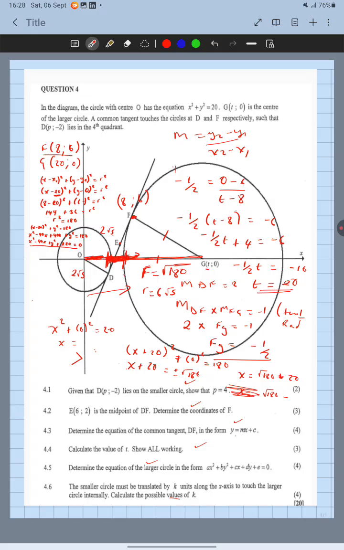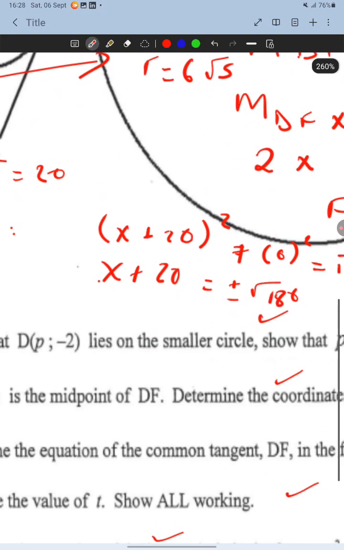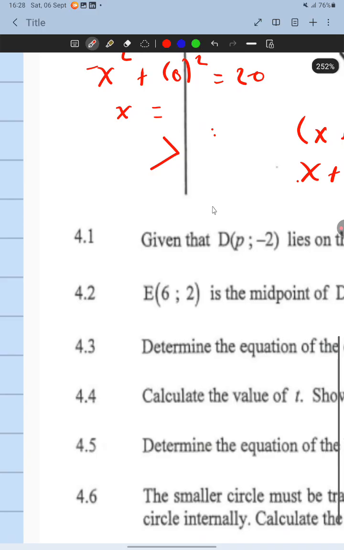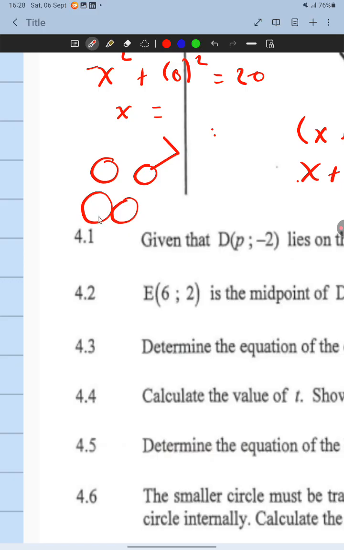Circles touch in three ways, right? We can have a circle like this and this one not touching at all. Sometimes we can have something like this, so here they're touching externally.